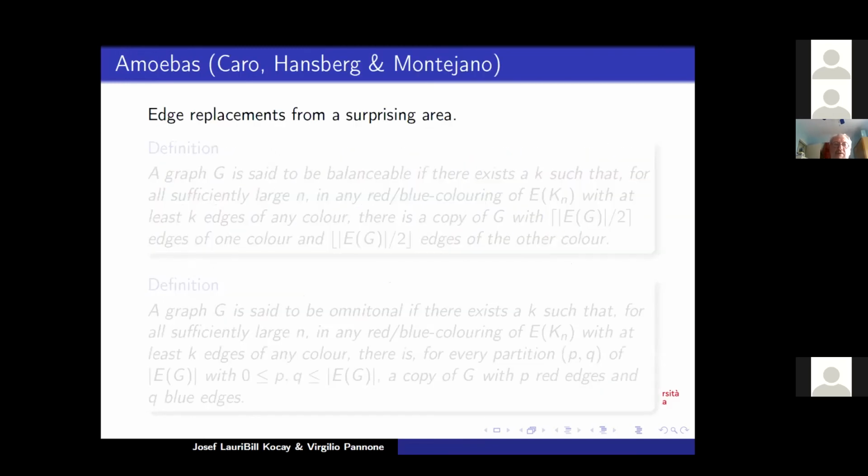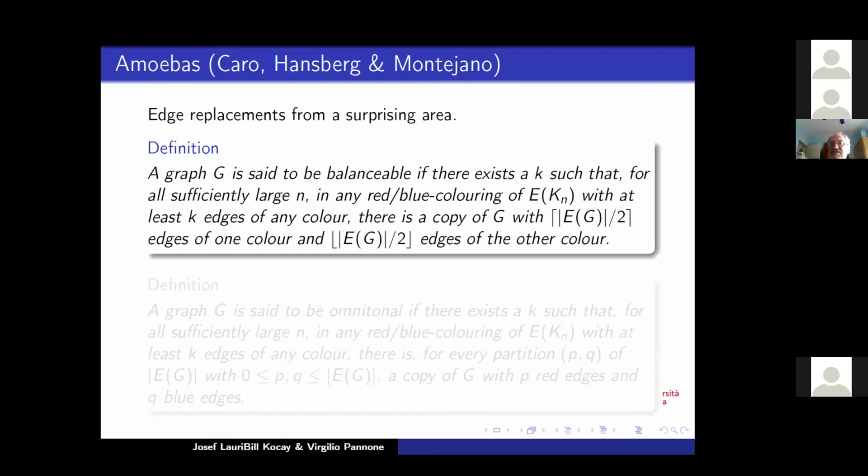Amoebas, a type of graph which were invented by Yair Caro, Adriana Hansberg, and Anita Montejano. And they come from a very surprising area. What area? A sort of Ramsey edge coloring problem, which is also close to zero-sum problems.